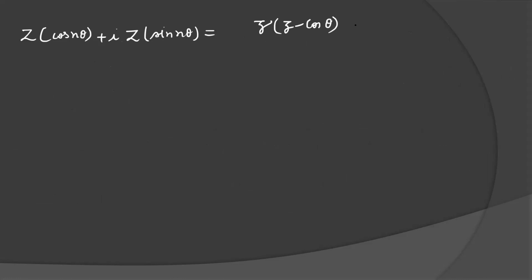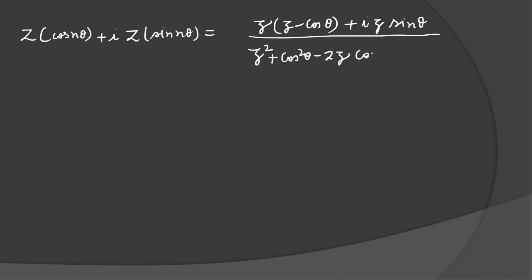So it will become Z of cos n theta plus iota Z of sin n theta is equal to Z multiplied by Z minus cos theta plus i into Z sin theta over, if you expand Z minus cos theta whole square, then Z square plus cos square theta minus 2Z cos theta plus sin square theta.